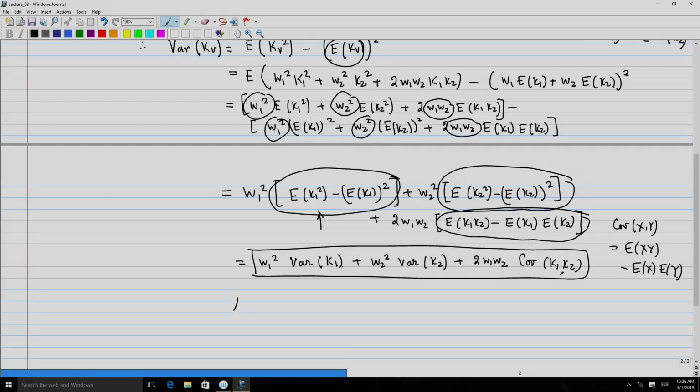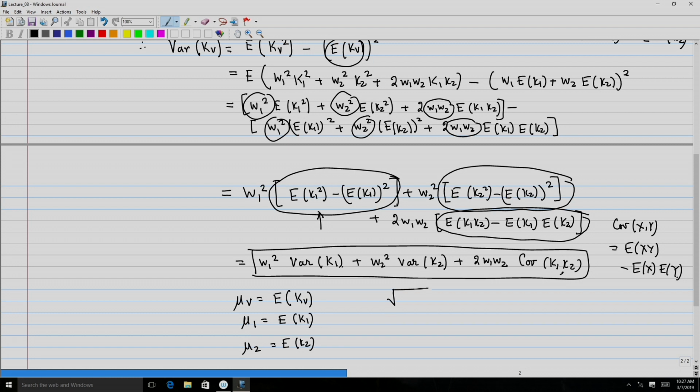We now introduce the notation mu v. We will denote mu for the expected return. Accordingly, we will identify mu v with the expected return of k v. Mu 1 will be given as E of k 1 and E of k 2 will be denoted as mu 2.